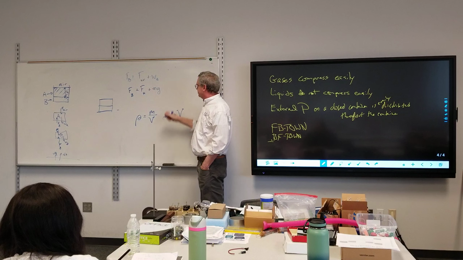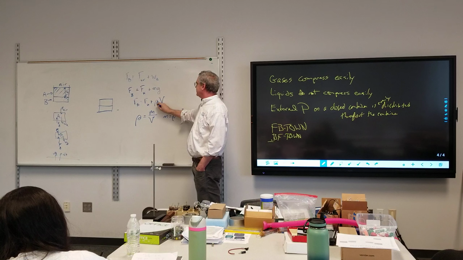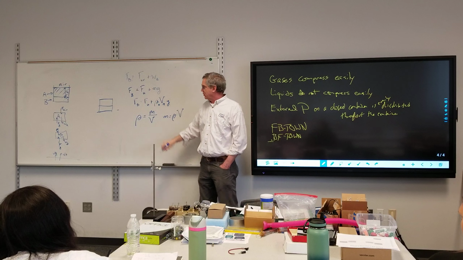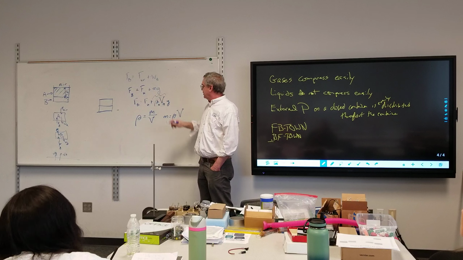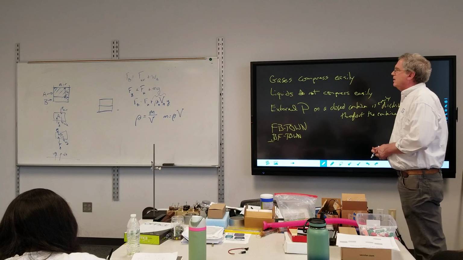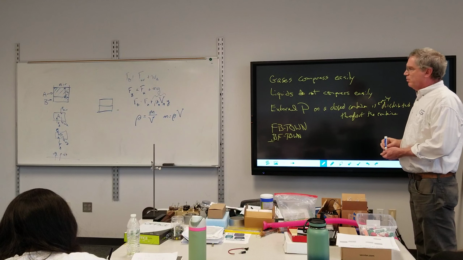So I have FB is equal to FU plus rho, the density of A, times the volume of A times little g. So instead of mass, I put in rho V.